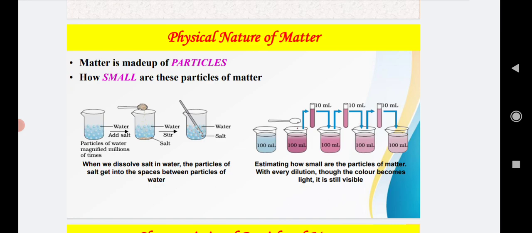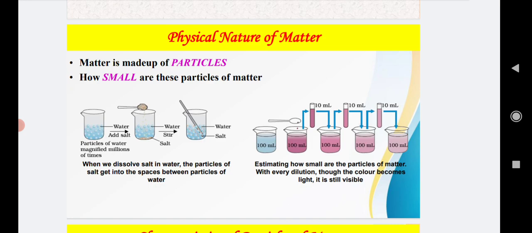In the second illustration, we are trying to estimate how small the particles of matter are. When you dissolve potassium permanganate in 100 ml of water and dilute it 10 times, it still gives you color.